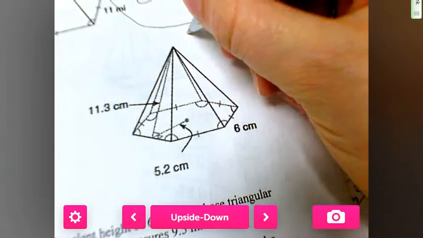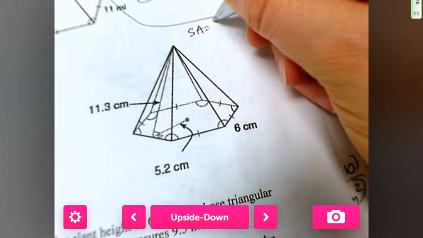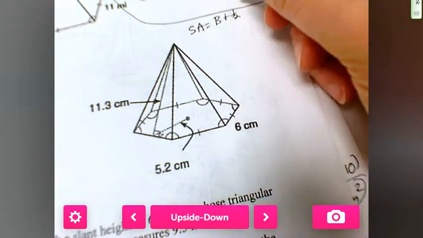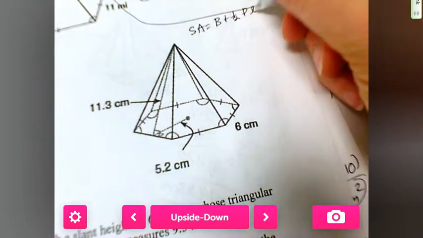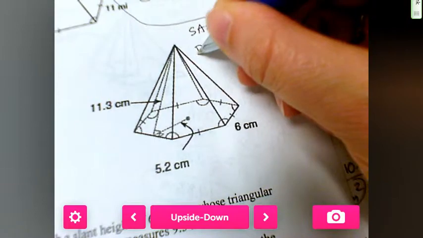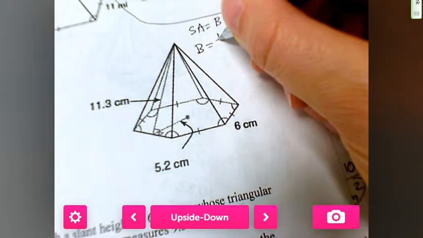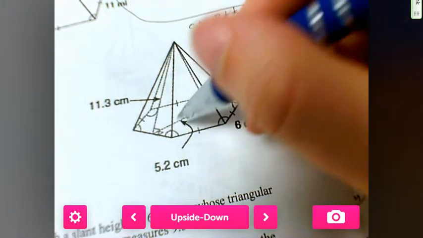Now remember, surface area equals the area of the base plus 1/2 the perimeter times the slant height. How am I going to figure out the area of the base of this hexagon? So we can take 1/2, what's the apothem? 5.2, right?